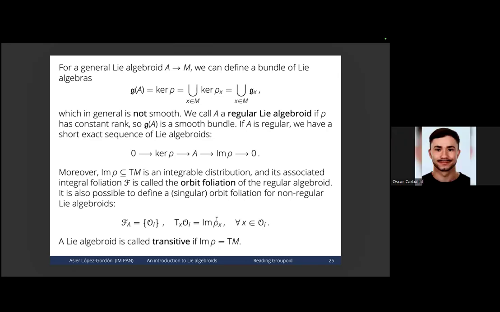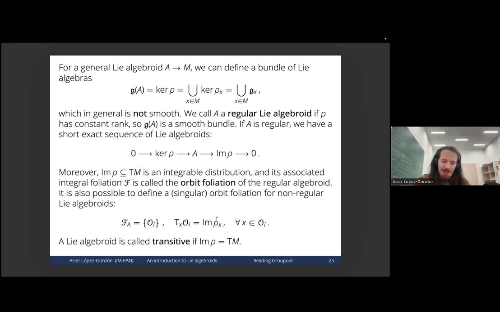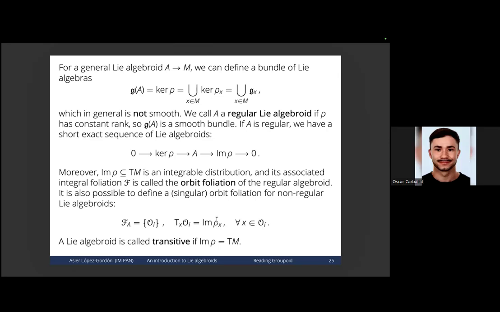It is not a trivial thing at all, and for sure it's pretty technical. But I was just curious, and it's a very interesting question. For sure, in the regular case everything is pretty clear because you have Frobenius integrability and so on.